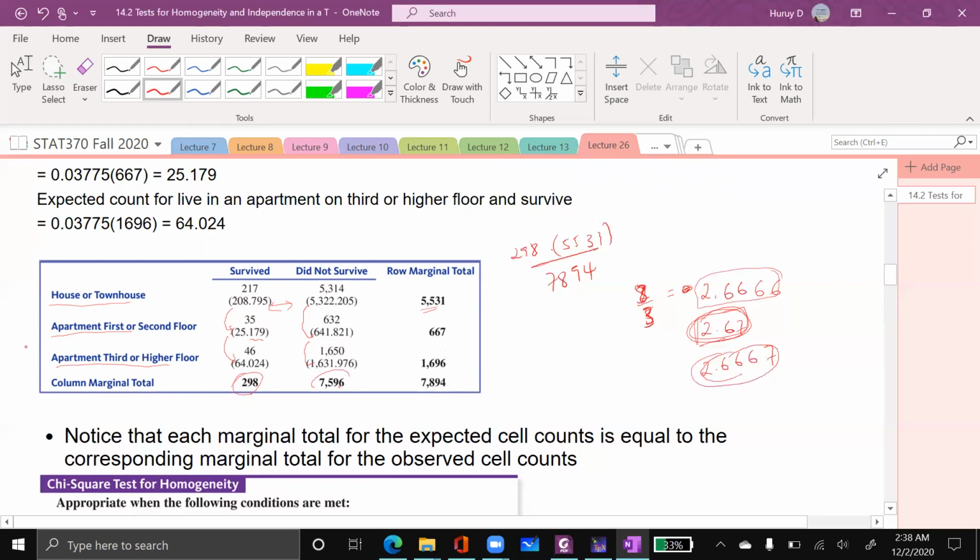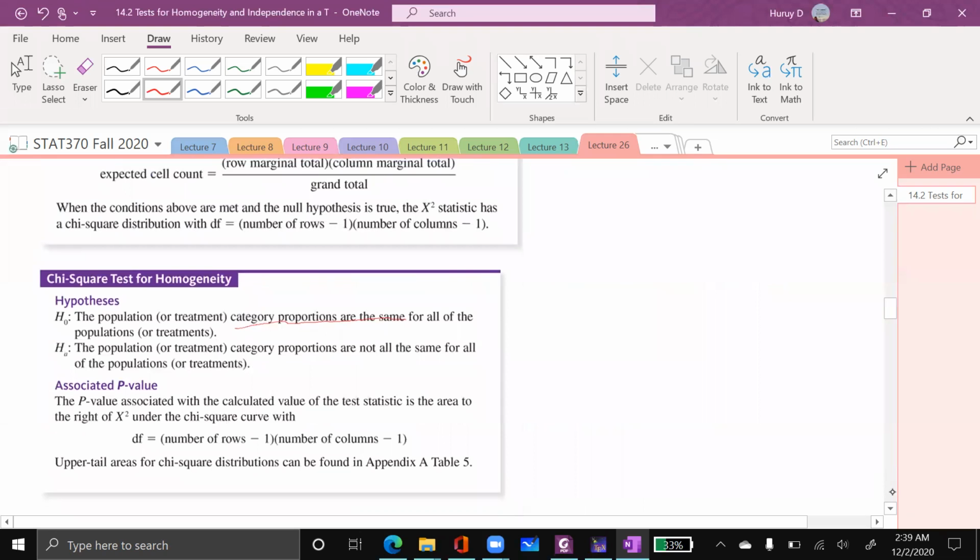Okay, that's a different topic. What we are trying to know here is if the survival rate is the same across the different types of houses or the apartments, or the floors.